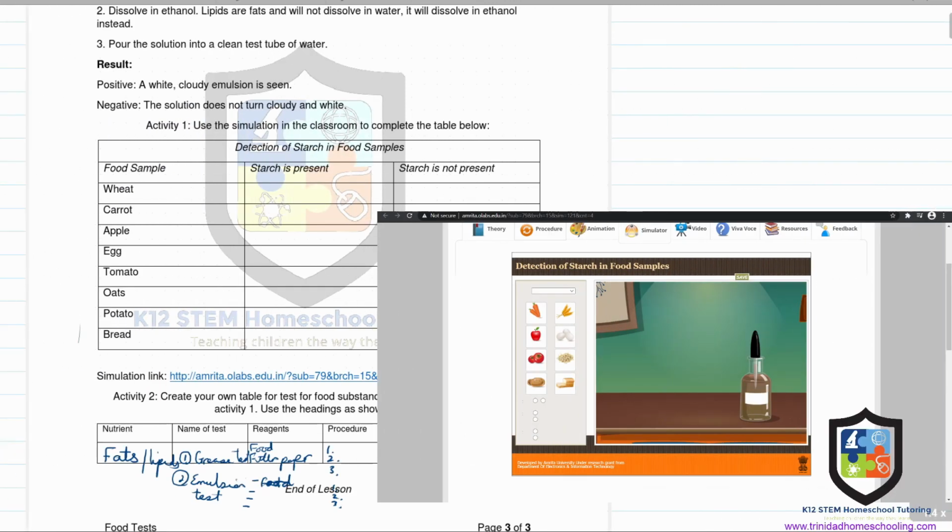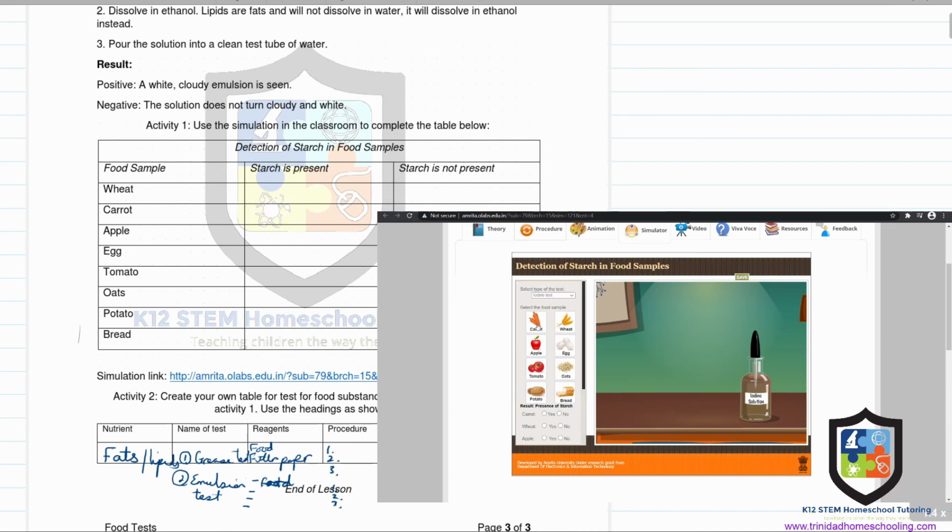In your classroom folder, you will see the simulation link. If you hover over the link, you will see simulation. You are going to be using this for detection of starch in food samples, so it's the iodine test. Now, how to use this?